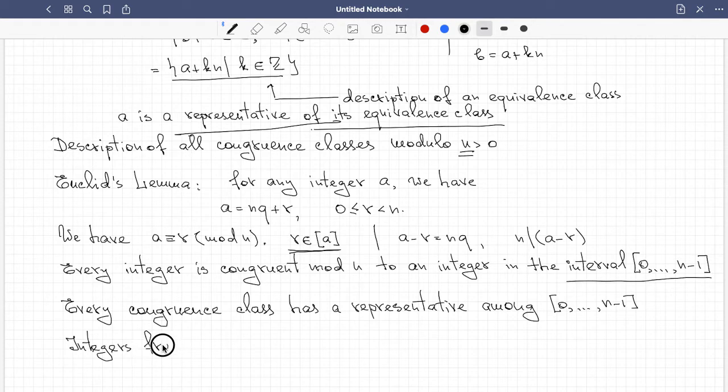This interval is nothing but a set of n integers, and different integers belong to different congruence classes.